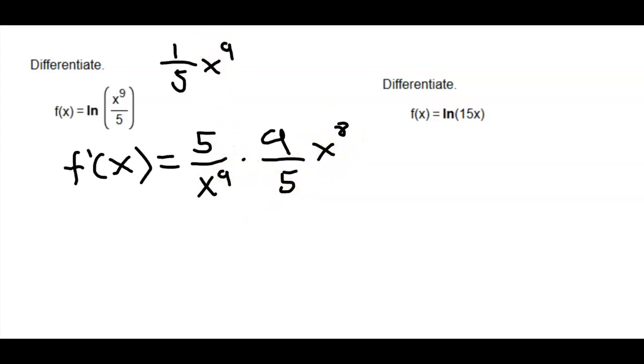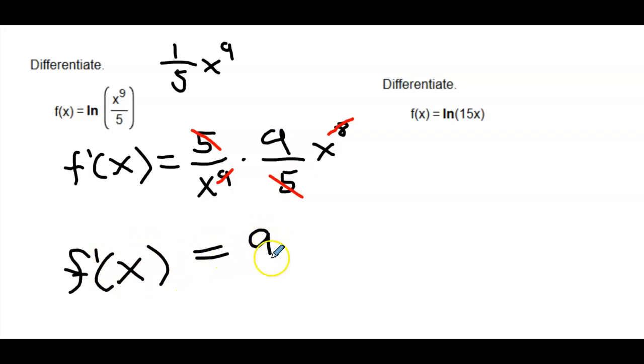Our derivative can be simplified. We have a common factor of 5, and we can also cancel out 8 factors of x up top, leaving 1 down below. So the final answer for the first question, f prime of x, is 9 over x.